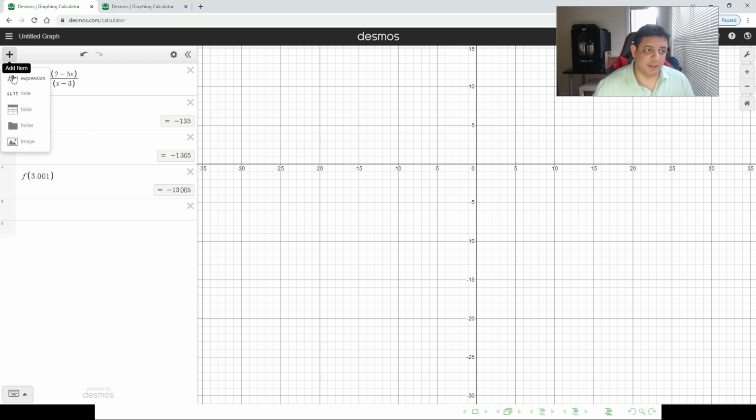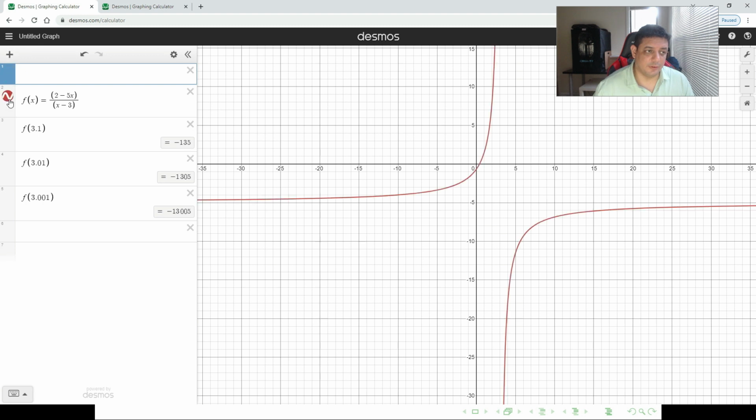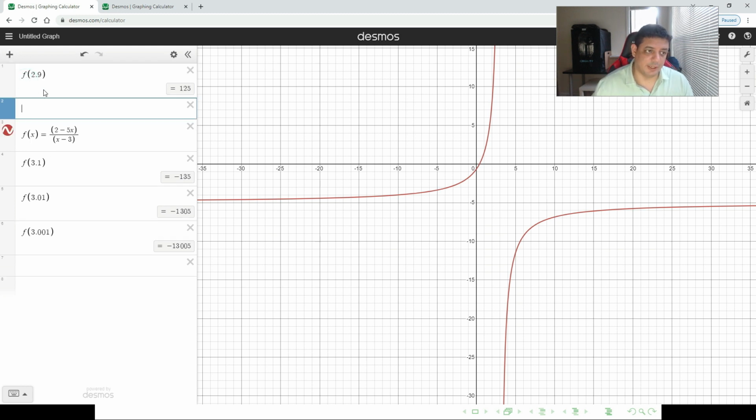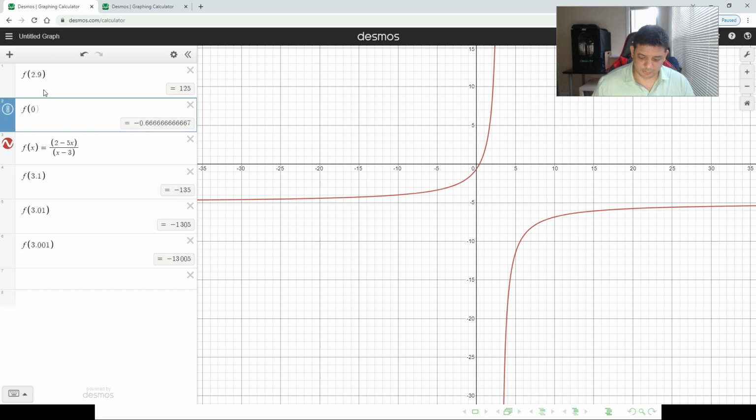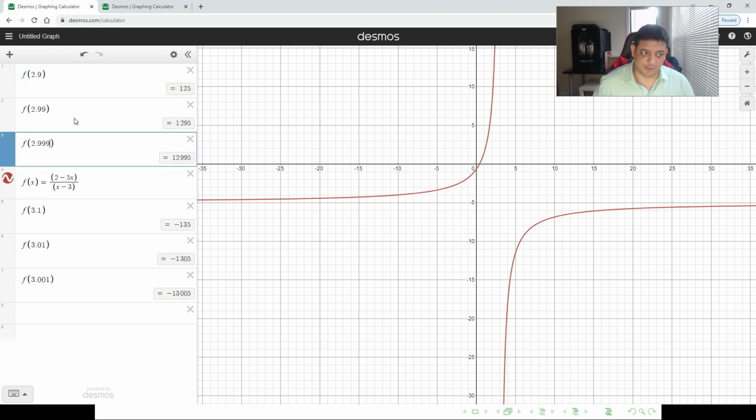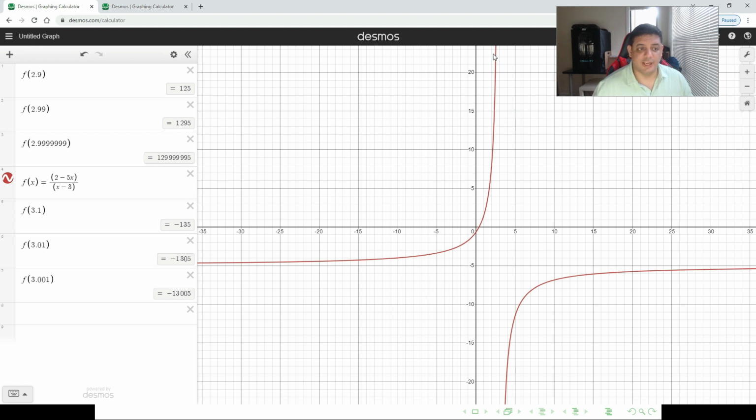Now we can use the same approach to check on the left side. We can use 2.9, and we can use 2.99. At this point we can already see that it's just growing positive and positive the closer we get, getting larger and larger going to infinity, like the behavior here suggests.